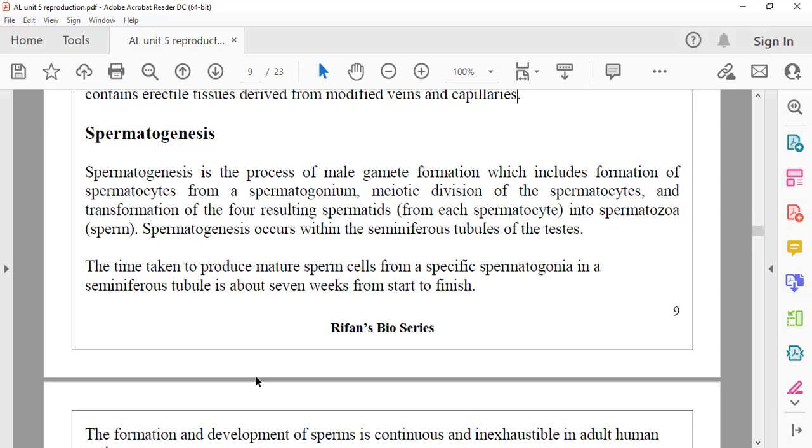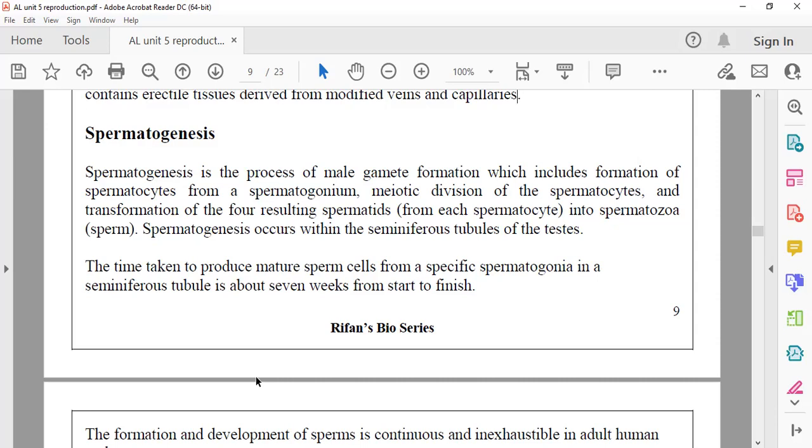One mother cell undergoing meiosis 1 will produce 2 daughter cells. Each daughter cell will undergo meiosis 2. How many daughter cells will be produced at the end of meiosis 2? 4. That means from one primary spermatocyte, you have to expect 4 spermatids.